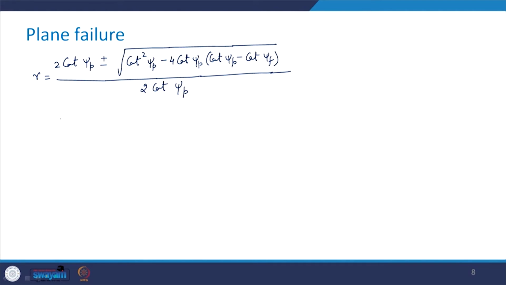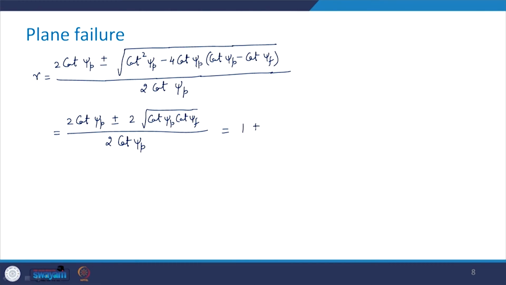Now, if we try to simplify this, what we will get is 2 cot psi p plus minus 2 square root of cot psi p and cot psi f divided by 2 cot psi p, or this can be written as 1 plus minus square root of tan psi p cot psi f.